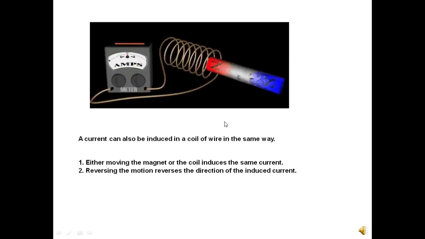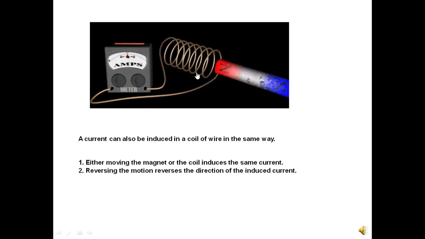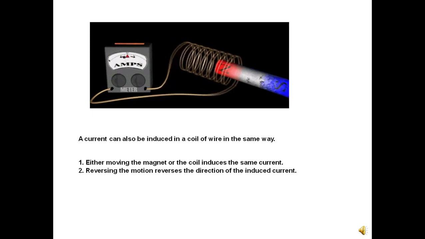If we then made our conductor into a coil, so we have 1, 2, 3, 4, 5, 6, 7 turns in this coil, then we can get the same effect.